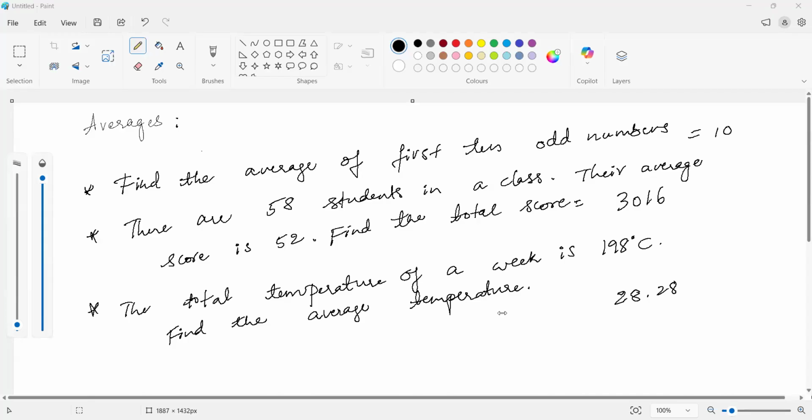Yes, 28.28. You can take it. Are all of you getting 28.28?